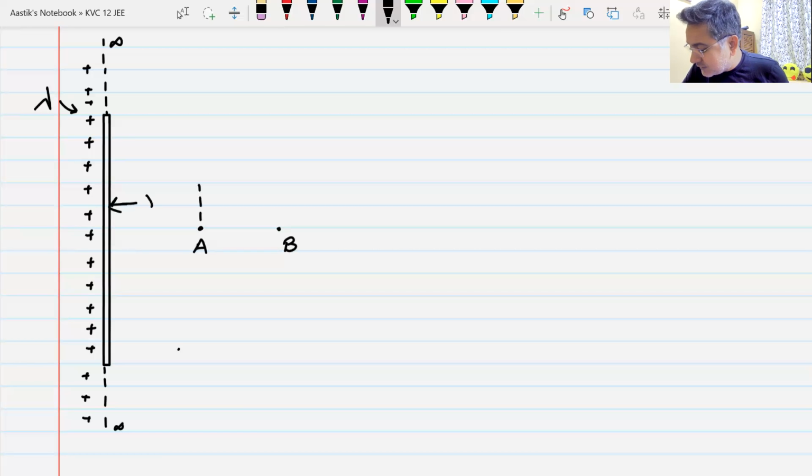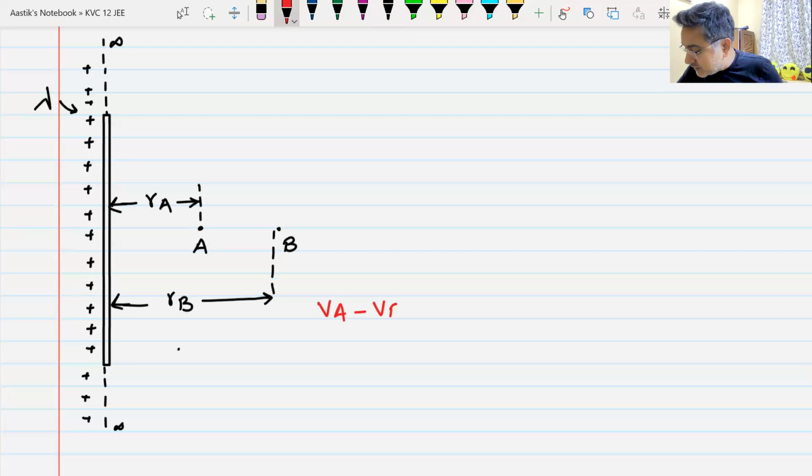Let me call this RA and this RB. We understand that A is at a higher potential and B is at a lower potential. The potential difference between these 2 points is given by this formula: 2k lambda natural log of RB divided by RA.